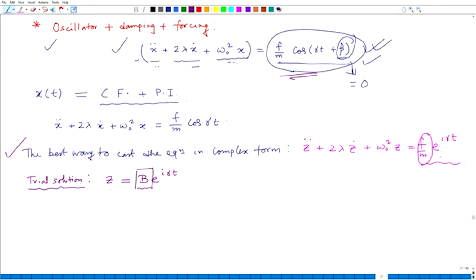Okay. If you do this, then your z dot will simply be, since B is constant of course, i gamma B e to the i gamma t, and z double dot will be minus gamma square B e to the power i gamma t.